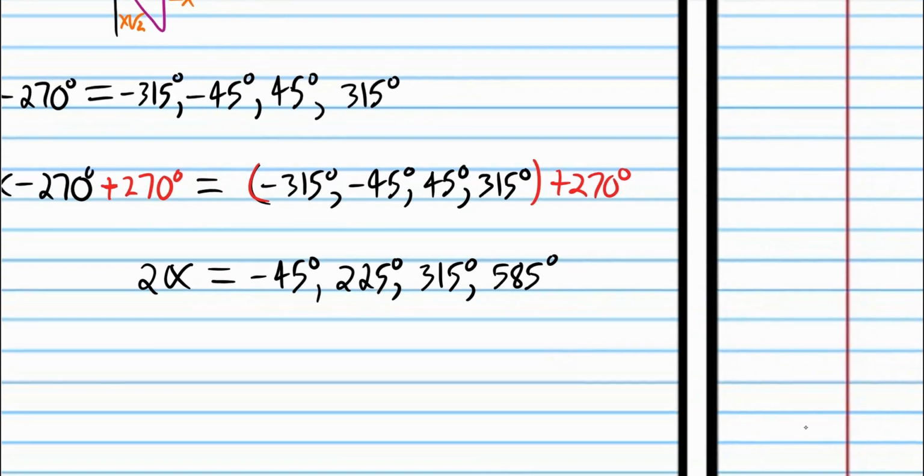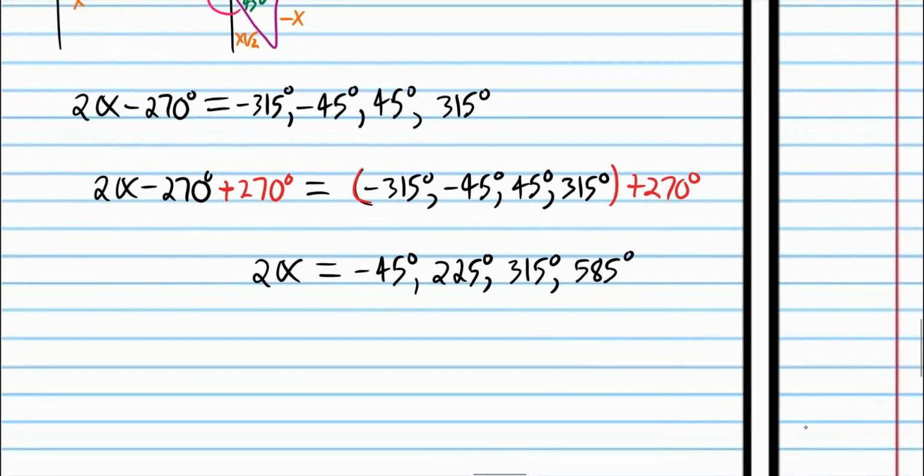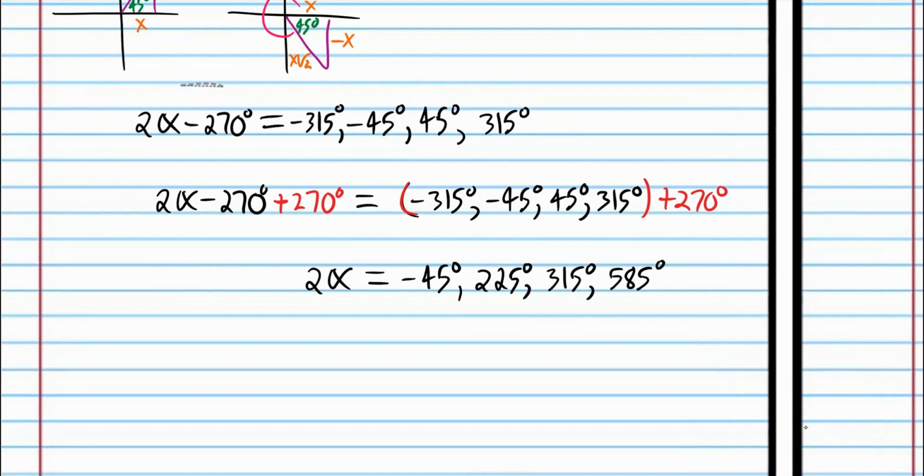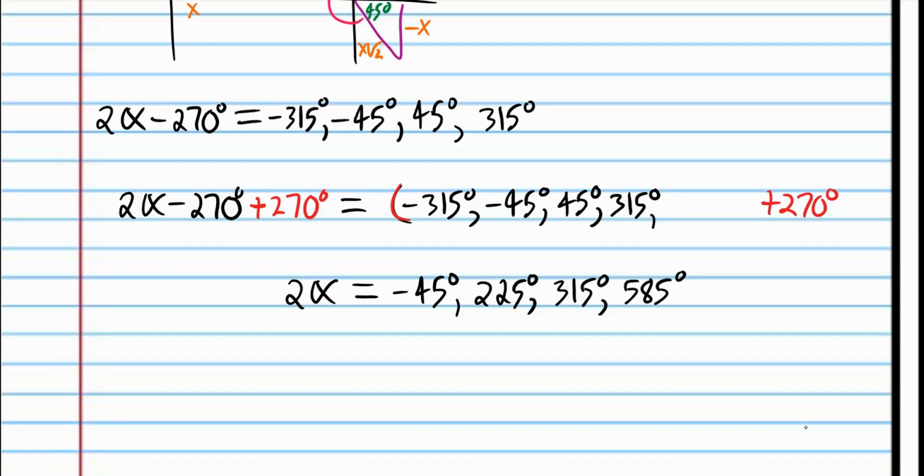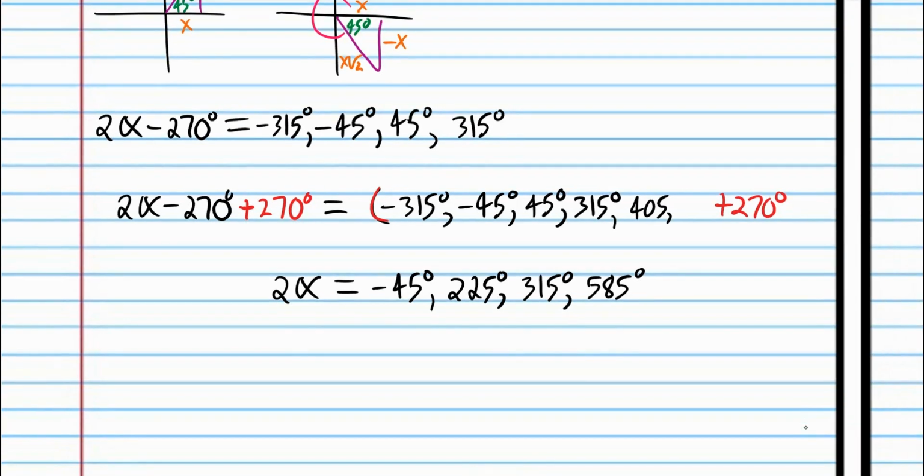And now that I think about it, there might be some more solutions. There might be some other numbers that we can find. So I'm going to move this over. And what else can we find? Let's add 360 to 45, and we get 405. So if we add 270 to 405, we get 675.